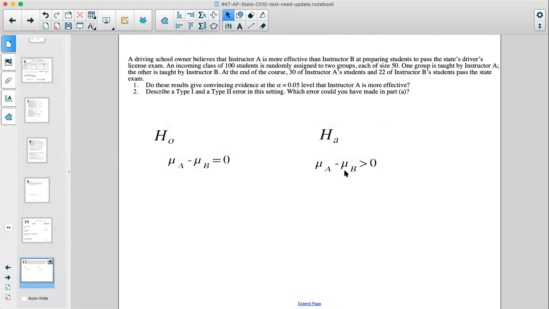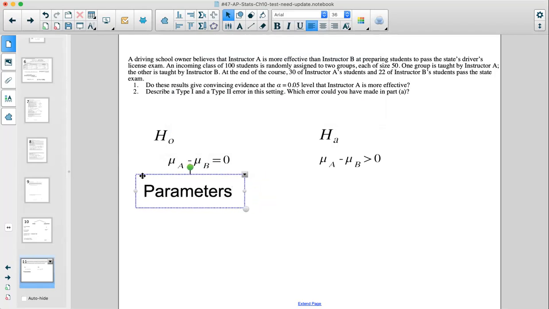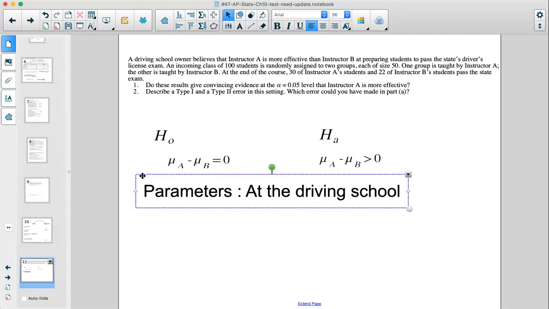The parameter A is the students who pass with instructor A. So the definition of the parameters: at the driving school, this represents the average, the mean percent.